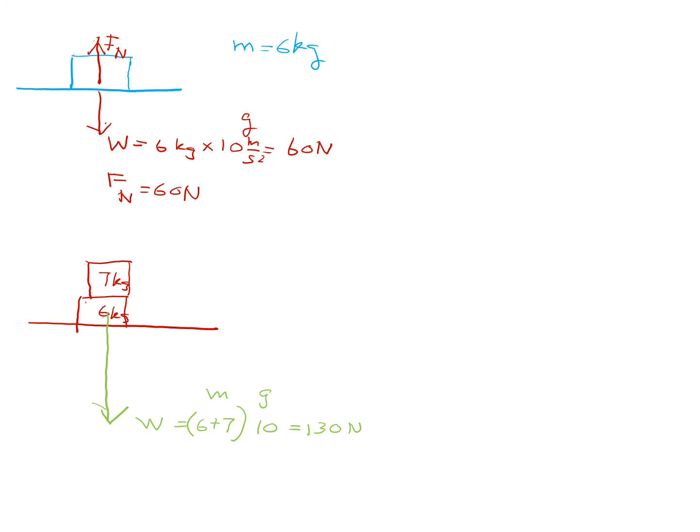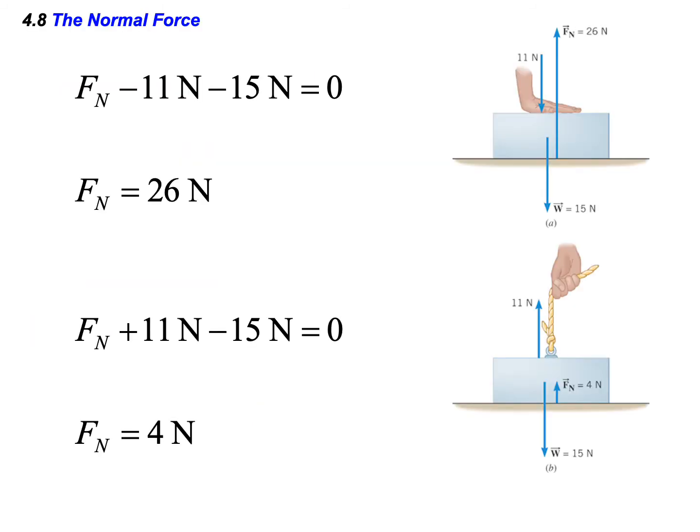So if you calculate the normal force, it is equal to 130 Newton. Because of this additional mass, there's a force on this brick. That force transfers onto this surface. Therefore, you have more normal force, because every time when you add something, your normal force will go up.